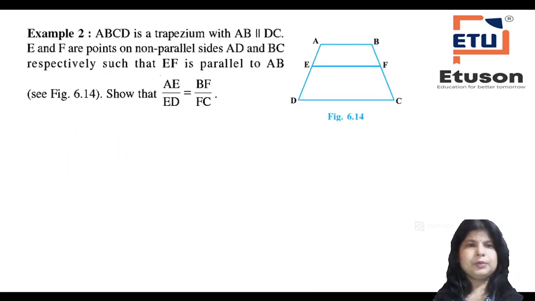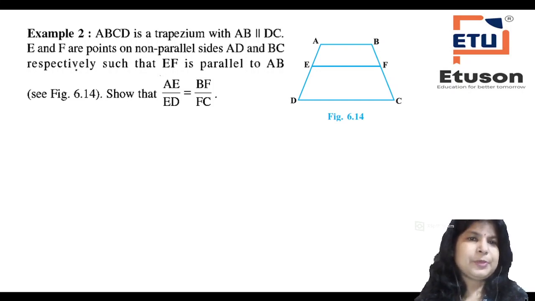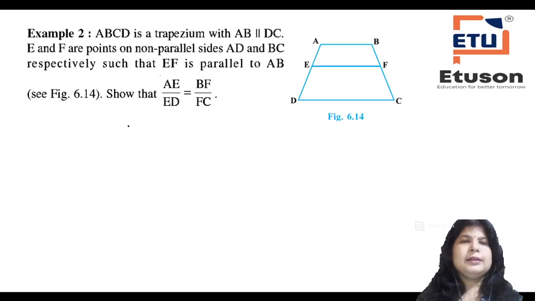Now ABCD is a trapezium with AB parallel to DC. E and F are points on non-parallel sides AD and BC respectively, such that EF is parallel to AB.